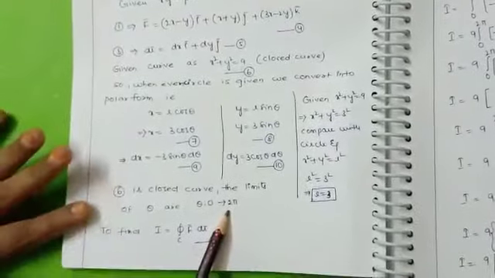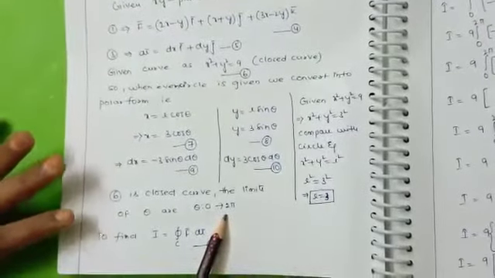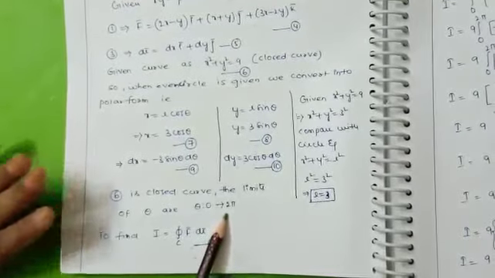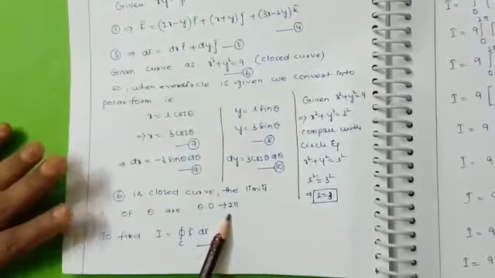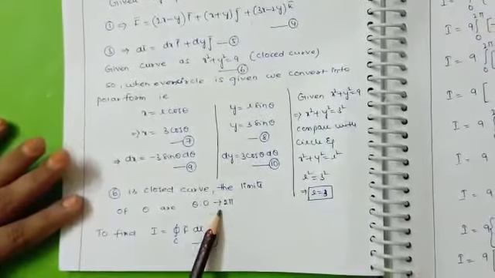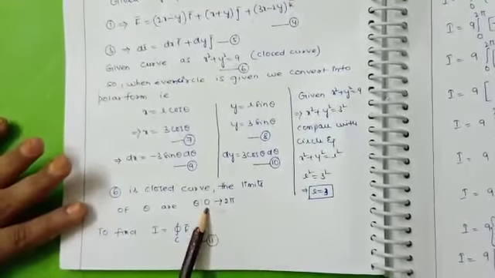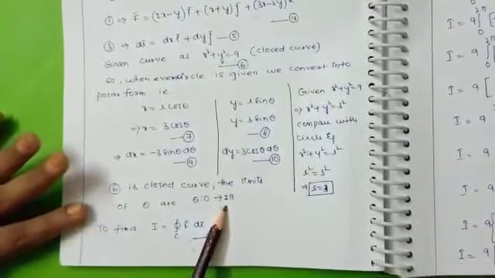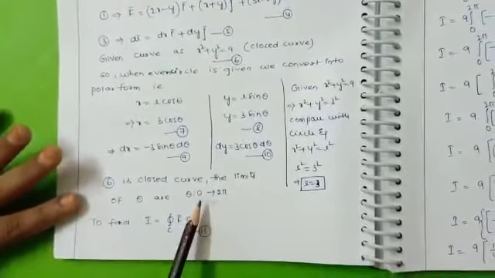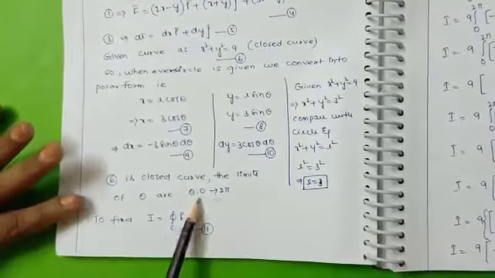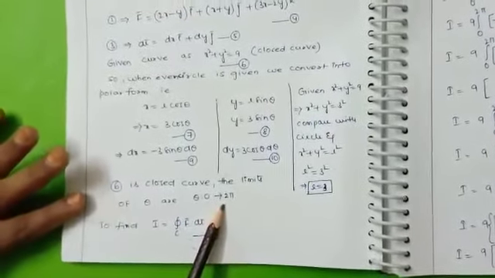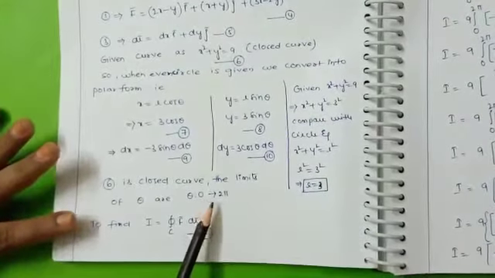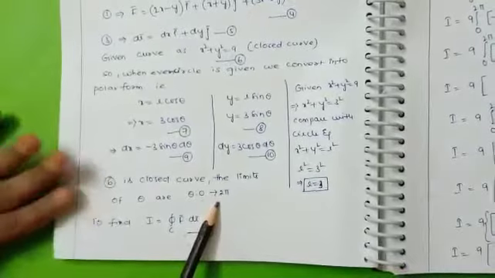The theta limits will change when the question is given in another condition, such as upper half or above the x-axis. Whenever words like this are used, then your limits will change. Here the limits will be 0 to 2 pi when the condition is given as the circle equation in a closed curve, means the circle starts at 0 and ends at 360 degrees. It is rotating through 360 degrees.